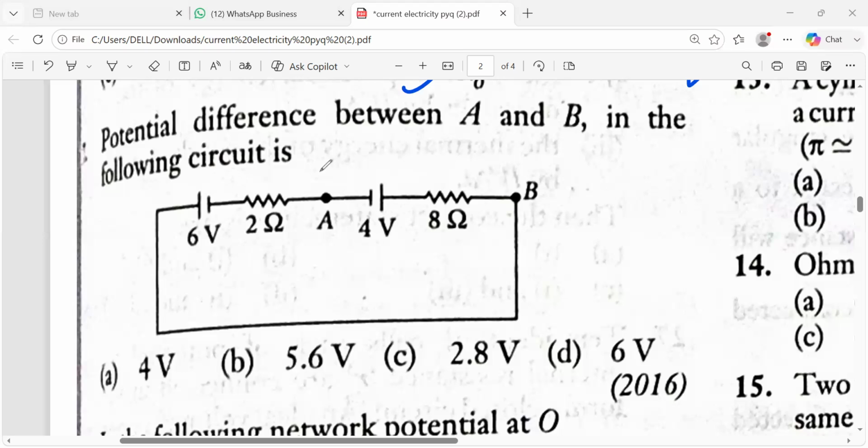Between A and B, this is the question. So obviously the current also is flowing through this.